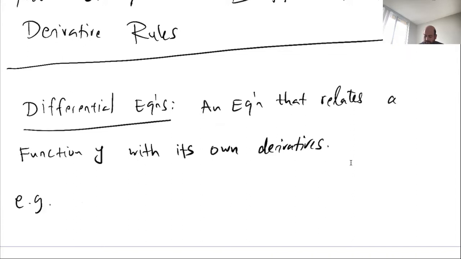So for example, y double prime plus y equals 0. See, this is called a differential equation because it's an equation that relates a function y with its derivatives. It says, what is the function y such that when you differentiate it twice and then you add it with the original function, you get 0? Is there a function with this property? If yes, what is it?